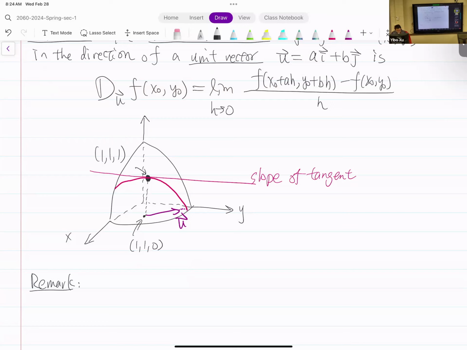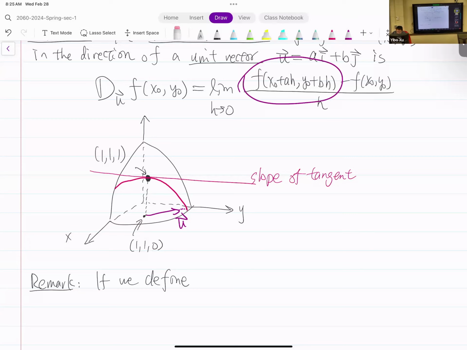So in the following remark, we're just gonna put down some more formal calculations regarding the function f and the data point x0, y0, and an arbitrary direction u. But it's still the same process. So here once again, this expression only relies on h, right?